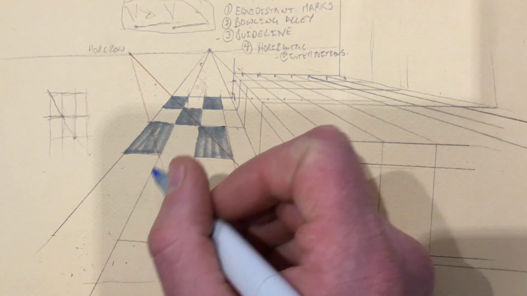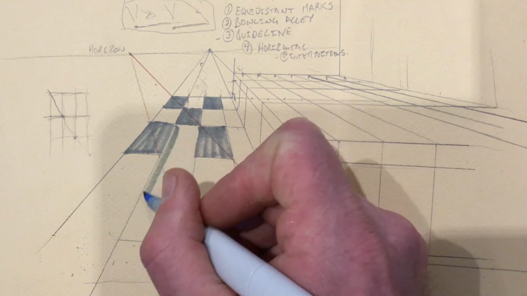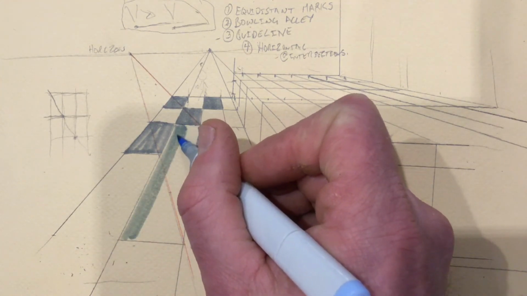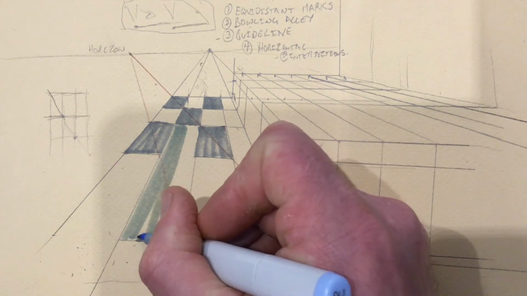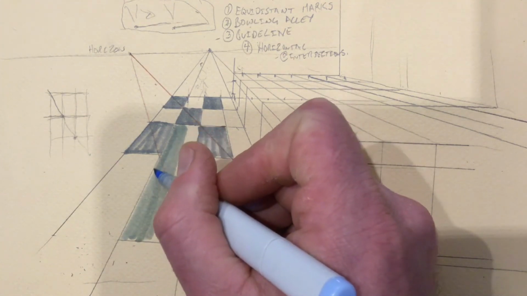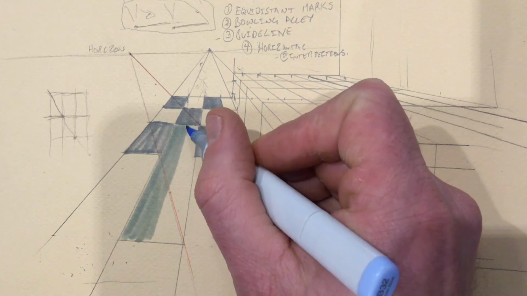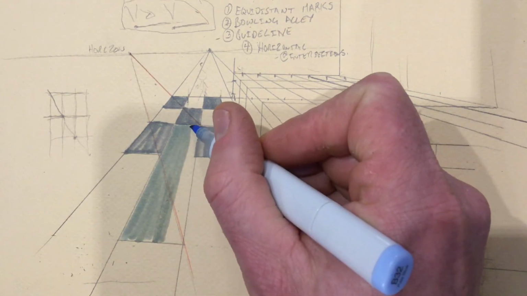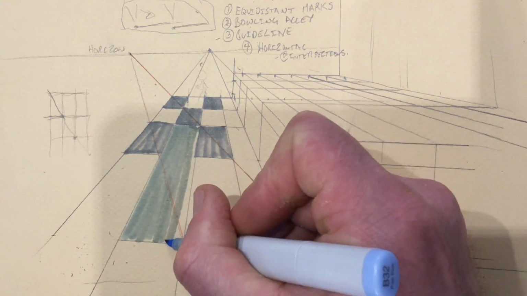So let me see. I'm gonna go on this yellowy paper. I don't know if it looks yellowy to you or not. There we go. If you can hear that, that's just my heat pump.